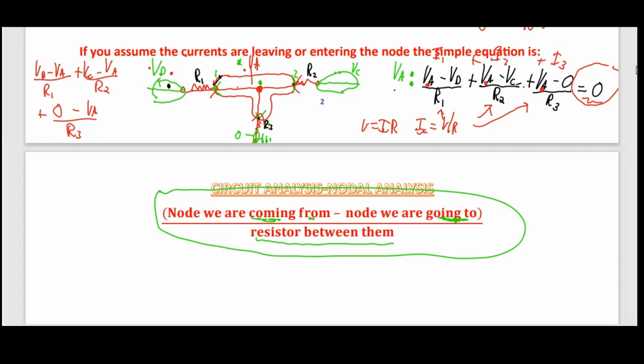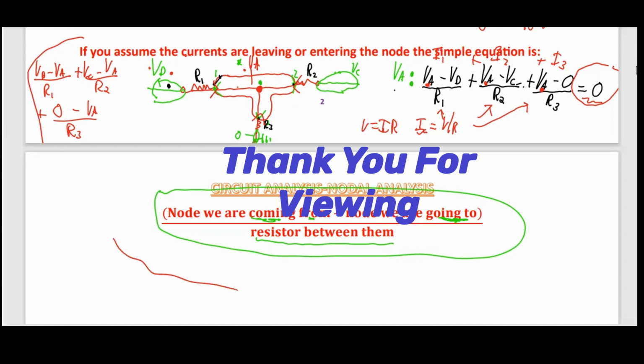If you change it up too much, you will get the wrong answer. So you assume everything is going in, or you assume everything is going out. You just have to be careful, right? So that's the importance. This here is basically the analysis to get the equations.